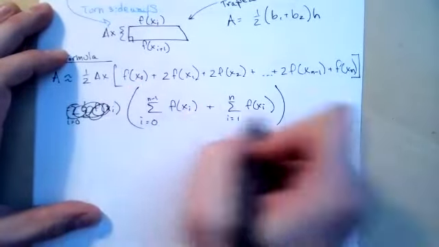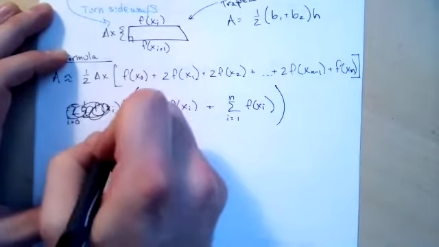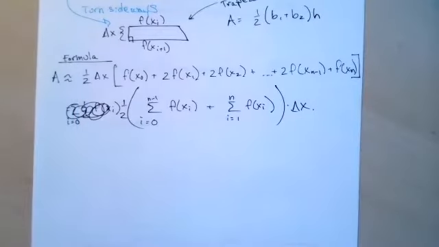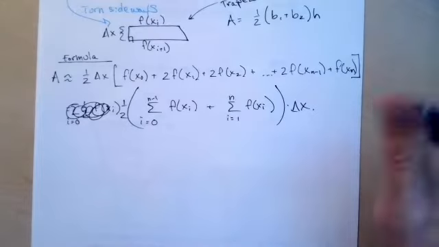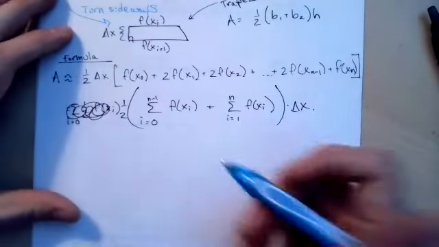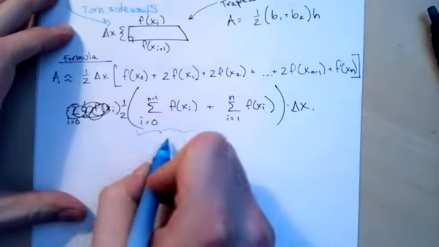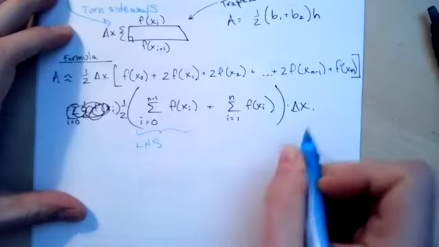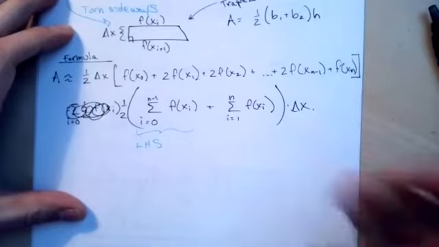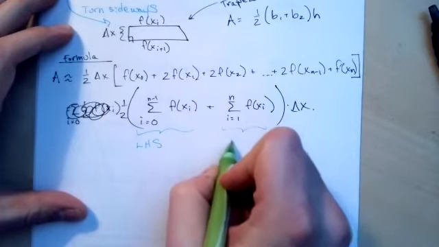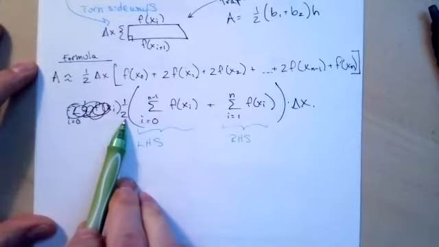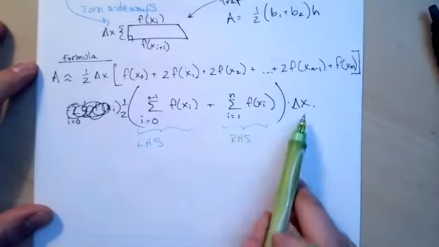And then we are taking half of that times delta x. In other words, what this is going to end up being is the left-hand sum plus the right-hand sum divided by 2, so average of those two, and then times the width.